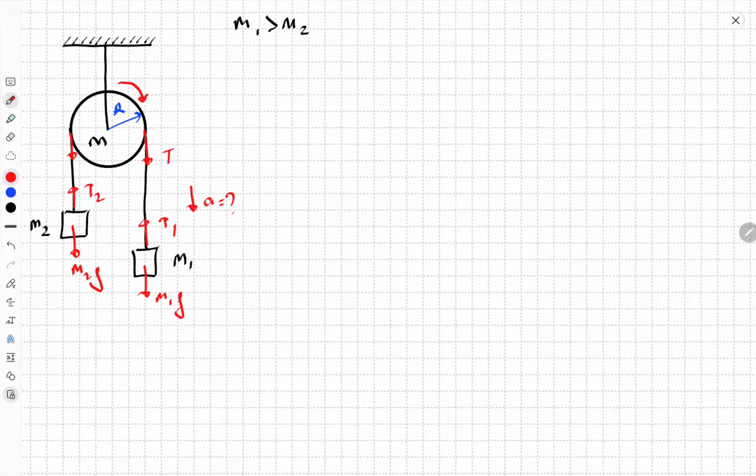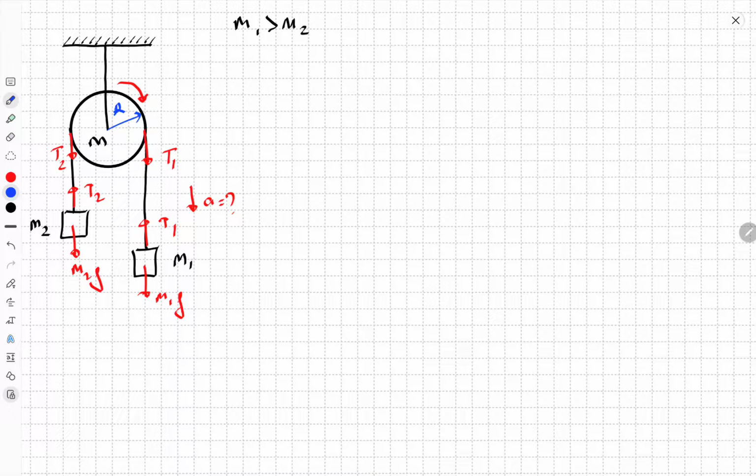If you assume that here and here we have the same tension, then this pulley will not rotate because of the same force. But we know that it should rotate in order to move M1 and M2. From here we understand that the tensions in the ropes are not the same. So here we have T1, here we have T2.